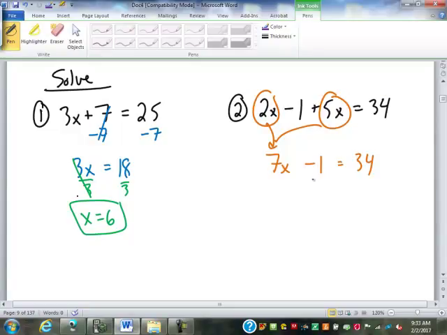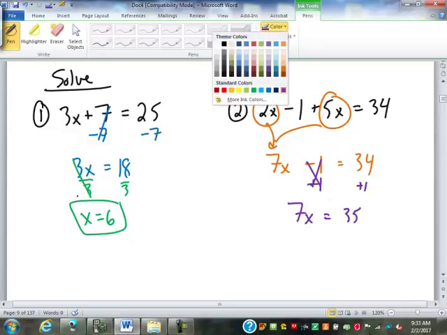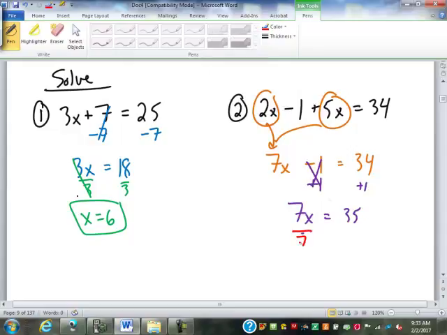So now that we do, like you said, add 1. So 7x equals 35, and then divide by 7. So x equals 5. Any questions? Okay.